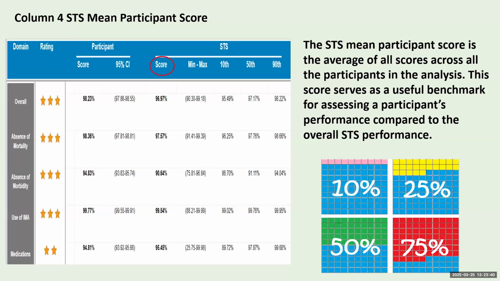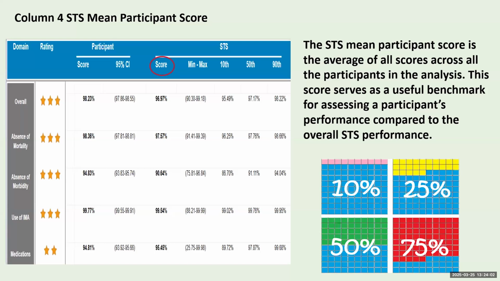So it's not a loosey-goosey kind of assumption. It's a statistical assumption that your score is 93.92 to 95.66. The STS score is 95.45. It falls within that range that we're making the statistical assumption on. So this site is going to be a two-star program for that.